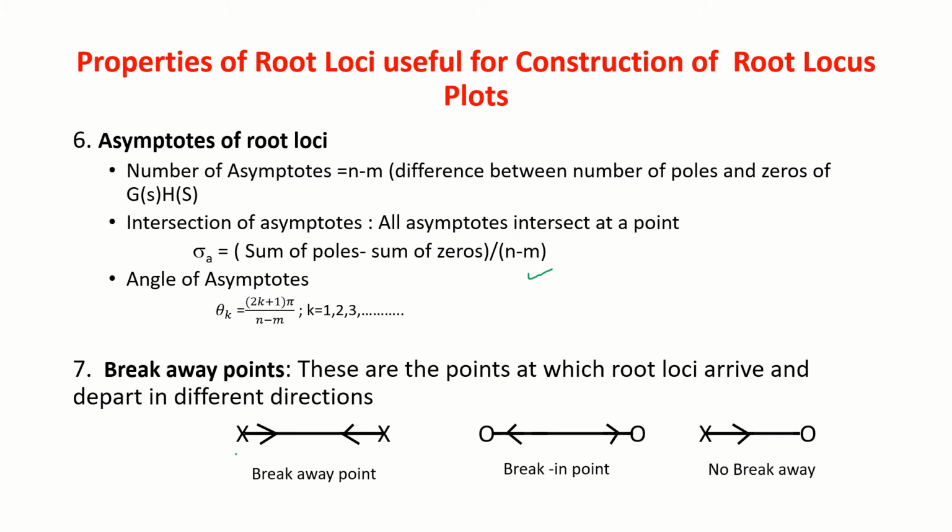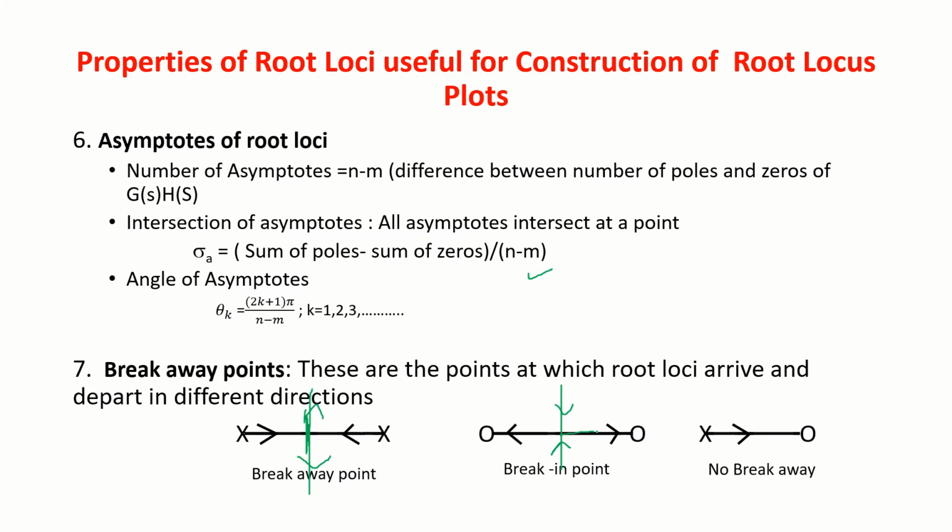Then breakaway points. If there is a root locus between two poles, at one point it breaks away. That is the breakaway point. One root locus will go up, another one will go down like this. Break-in point: root loci from two different poles come and meet at one point.